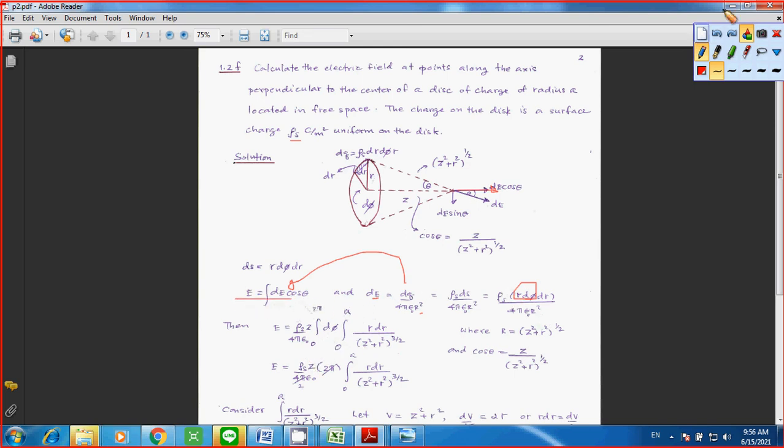Now you take a look at cosine theta. This is your theta, so your cosine theta is going to be z divided by the capital R, or z divided by z squared plus r squared to the power of 1 over 2. Okay, and this is your r, this is your z.